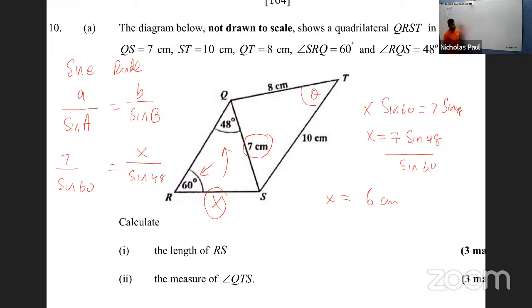Use cosine rule and find theta. And then we'll start here.